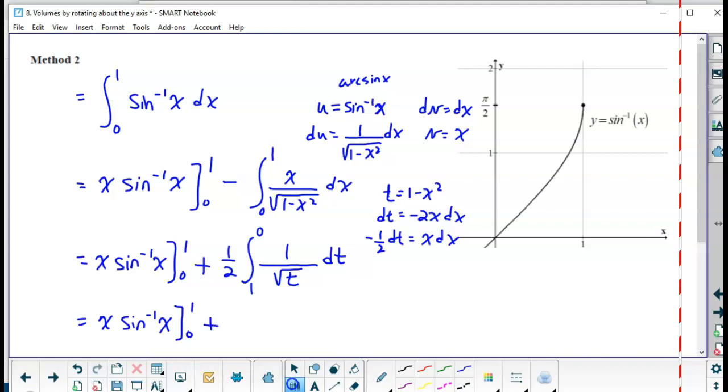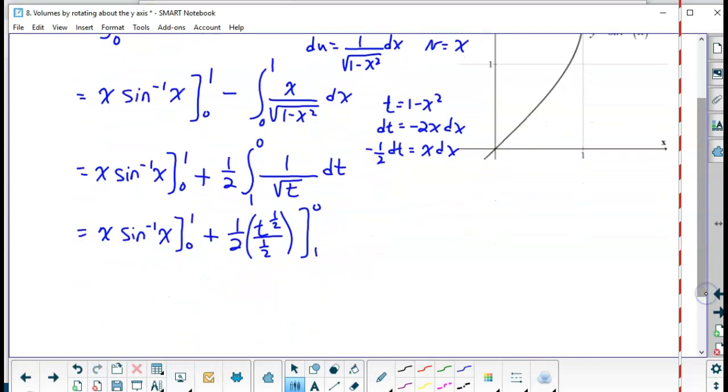Okay, so now if I integrate this, that's just t to the negative 1/2. So this is going to be t to the positive 1/2 over 1/2, and then from 1 to 0. And you'll notice those divide out.